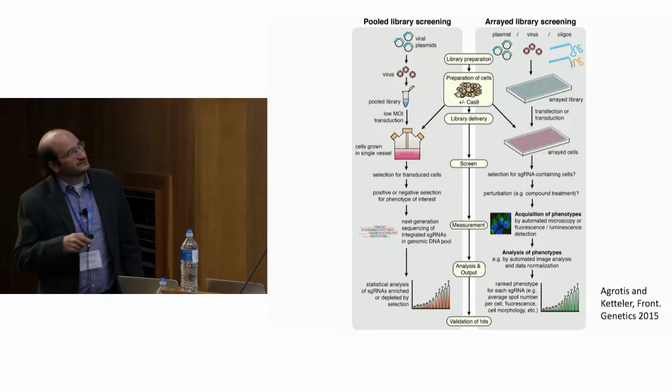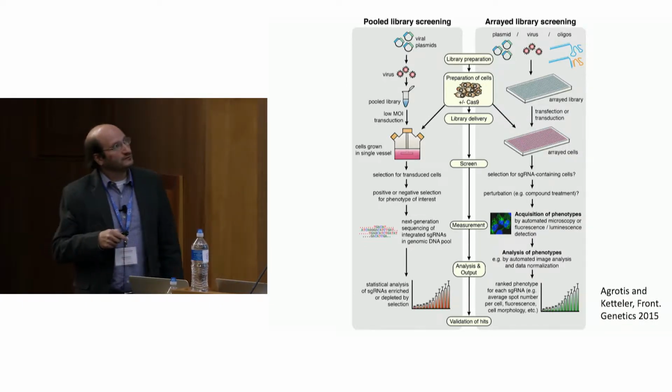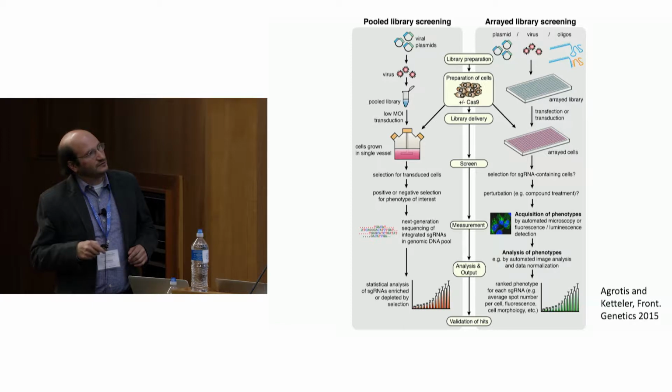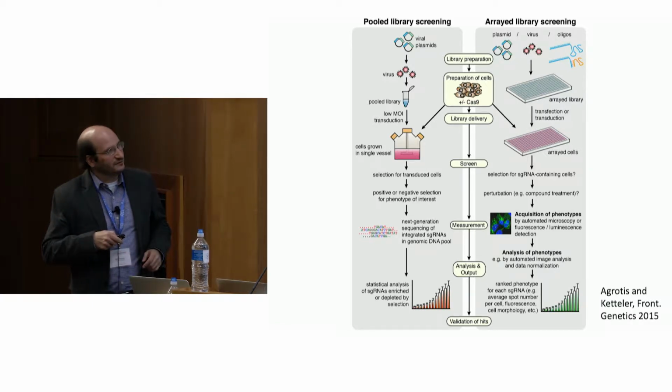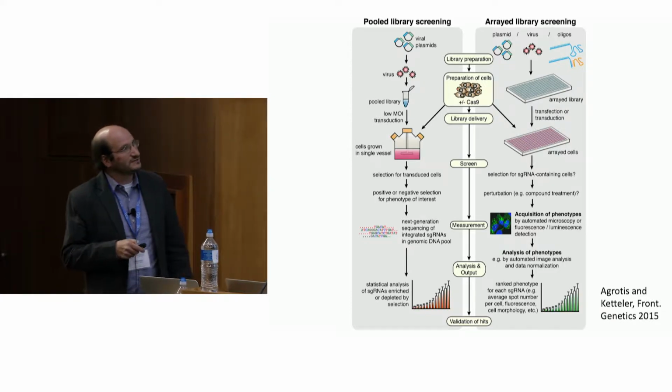And these are infected at low multiplicity so that each cell gets one virus in a pool. And then you can subject this pooled population to selection. And so in the end, in both cases, you end up with some selection strategy and then informatics to separate the hits from the non-hits in these types of screens.